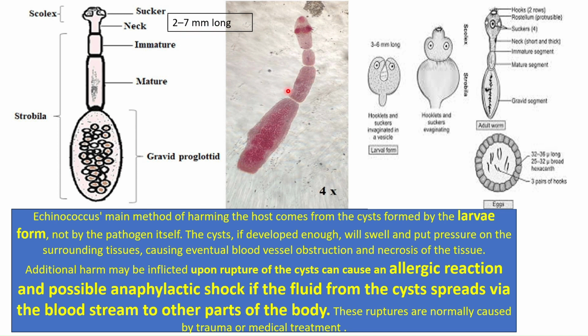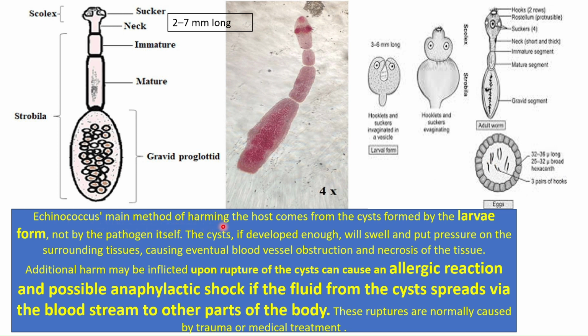This is the section view of the adult worm, and this is the larval form which contains hooklets and suckers, and there is an egg which is 30 to 36 micrometers long and has 3 pairs of hooks.